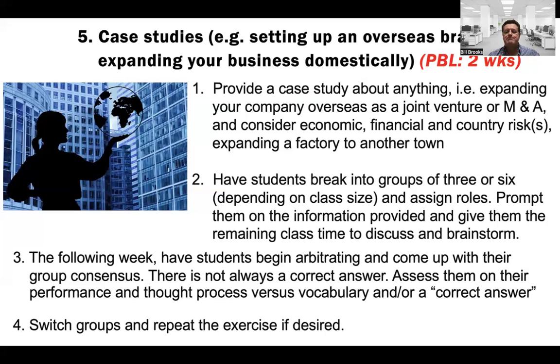And then also, depending on what product you're trying to develop in that country, if it's something that you want to sell locally or make locally and then have it imported back to your country, whatever the case is, you need to consider those issues and then have them present on their results.